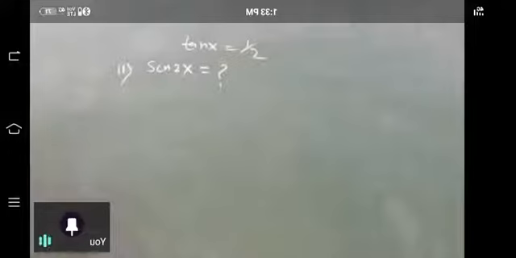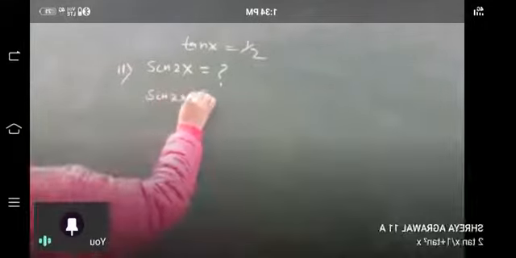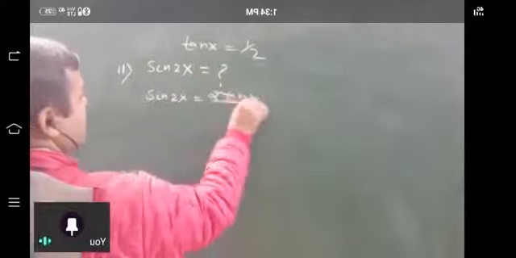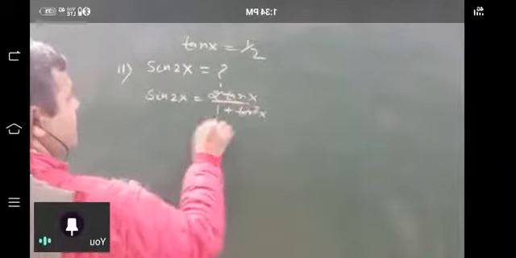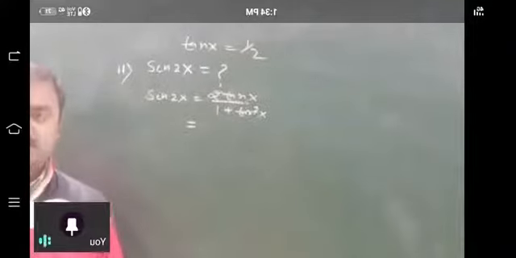So apply identity of sin 2x in term of tan x. You know, sin 2x equal 2 tan x upon 1 plus tan square x. This is the identity of sin 2x in term of tan x.